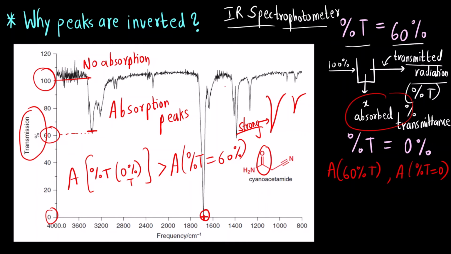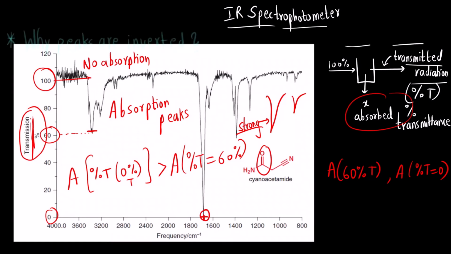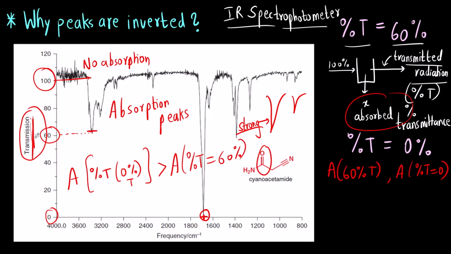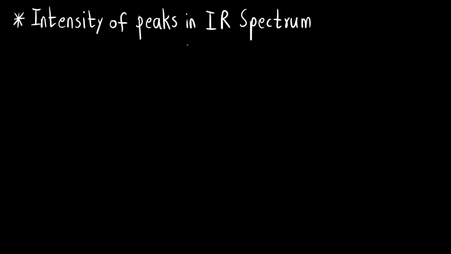So why are these peaks inverted? Because we are seeing the transmission, not the absorption. If we were seeing absorption, we would get normal peaks in the graph, not inverted. Now the question is, what does the intensity or depth of the peaks depend on?